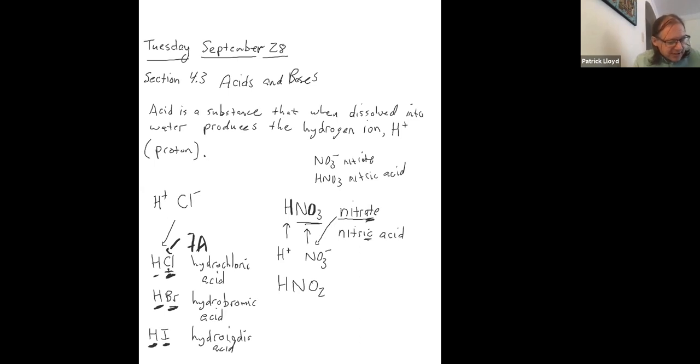So this is really nitrite. That's the name of that polyatomic ion. And then the naming system is, if it ends in ite, you change it to ous acid, ous. So this becomes nitrous acid, right? So with the hydrogen, sorry, I meant to draw that over there.